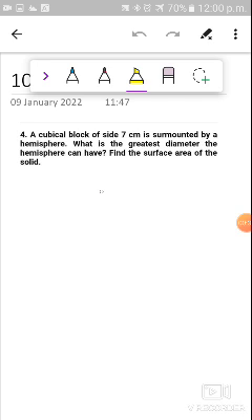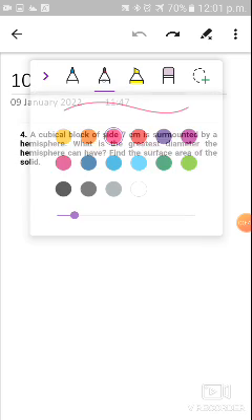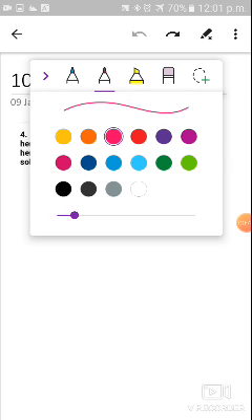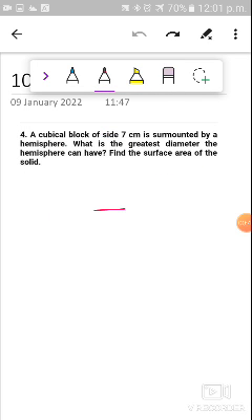So you see, let me draw the diagram first.